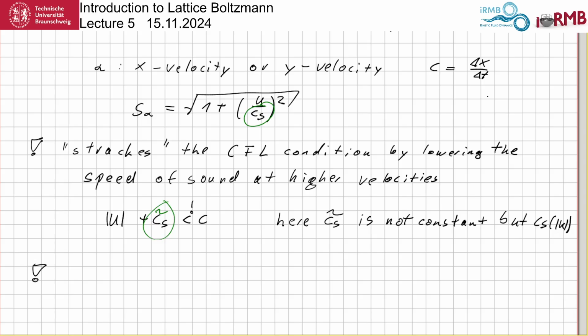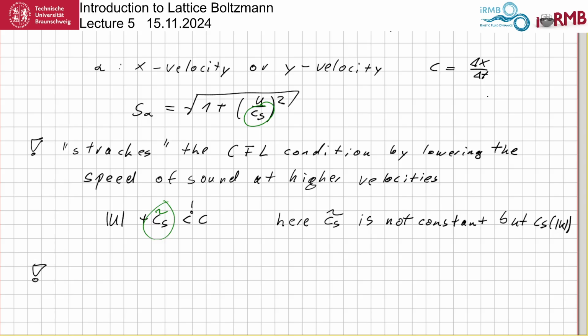But then that means that the CFL condition is increased. Yeah. So you get this guy here smaller. So then, that doesn't mean that the velocity can get higher than 1. No. The velocity must be smaller than 1. Okay.